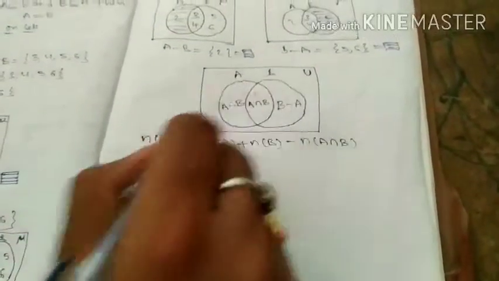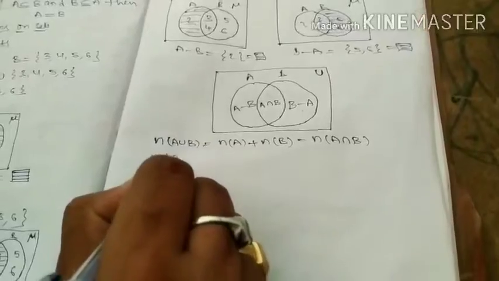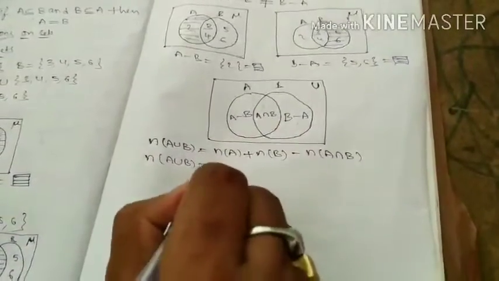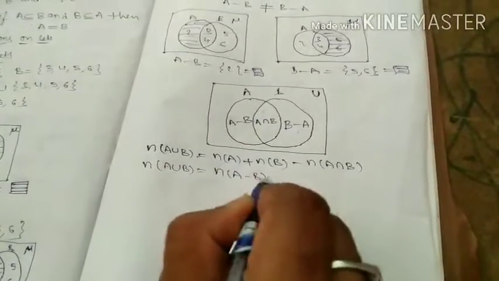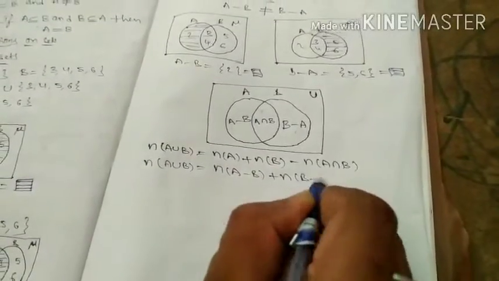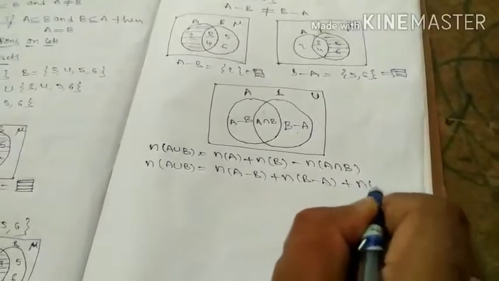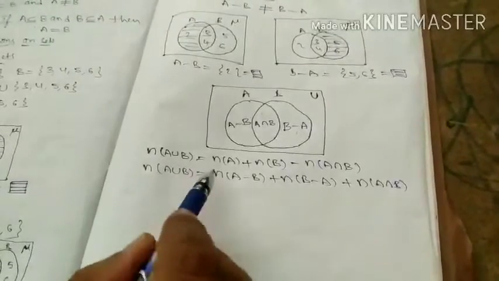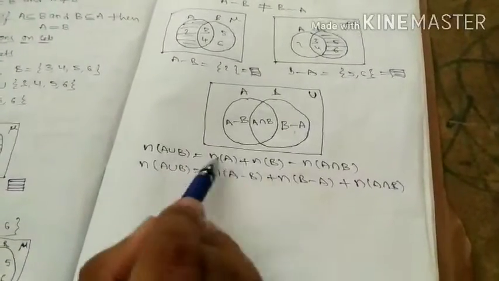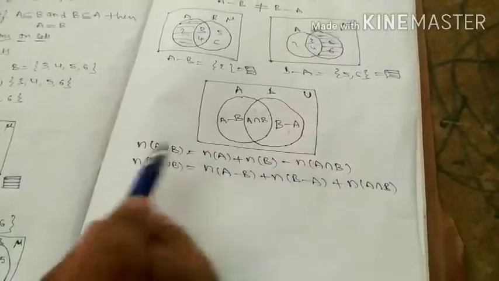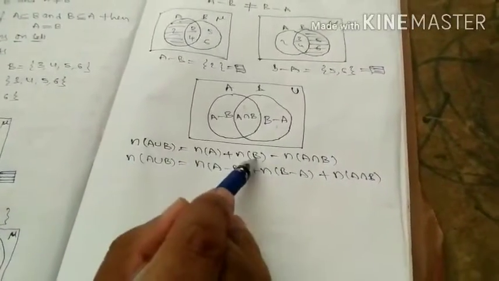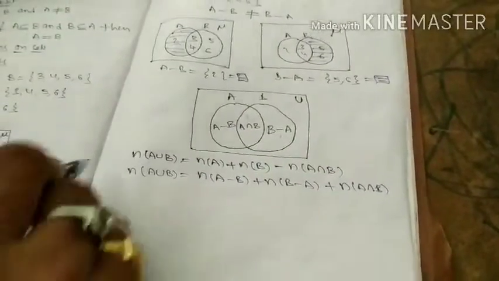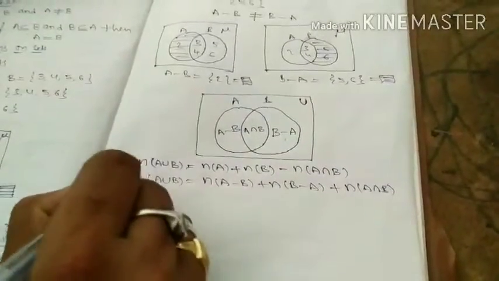Next, using the Venn diagram, another property: n of A union B is the addition of these three, n of A minus B plus n of B minus A plus n of A intersection B. By using these two identities, if any three of the numbers are given, you can easily find the fourth one.